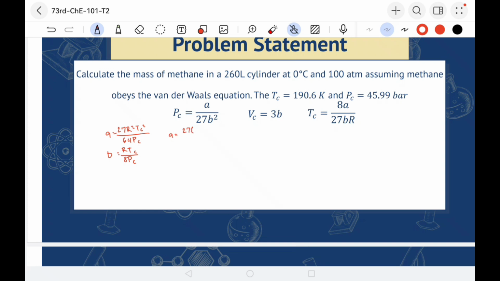For R, we could use the value of 0.08205 as we have values in liters and in atmospheres. 0.08205 squared times TC of 190.6 all over 64 times PC, which is 45.99. However, it is expressed in bar. So we could divide it by 1.01325 to express it in atmospheres to get a value of 2.273.